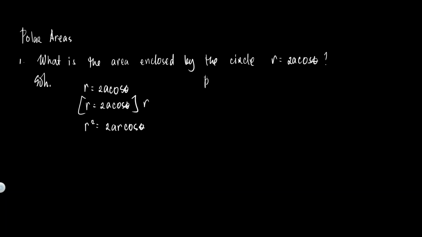Okay? So recall muna. Recall, x squared plus y squared equals r squared. And x is equal to r cosine theta. y equals r sine of theta. So, naalala? Yes. So, ito is r squared, x squared plus y squared.